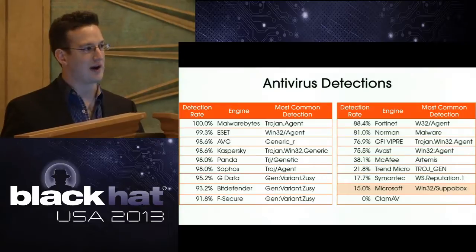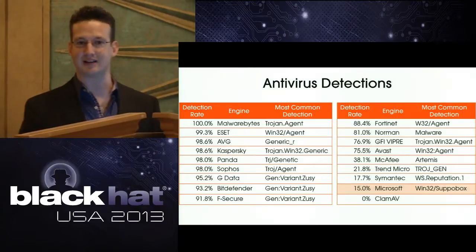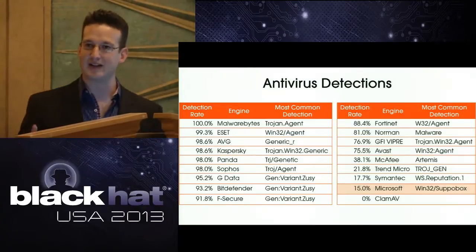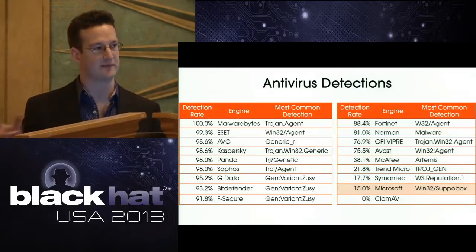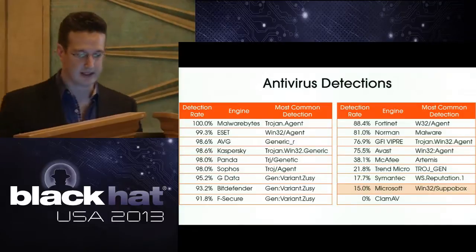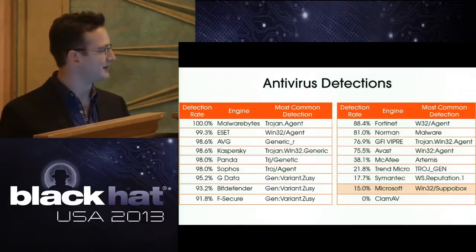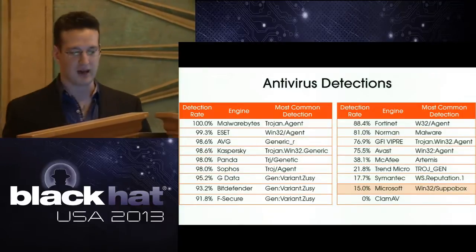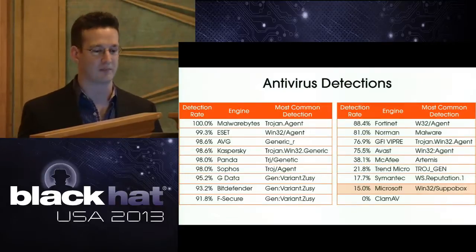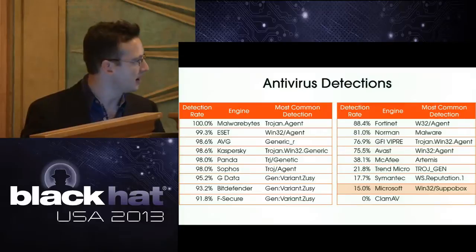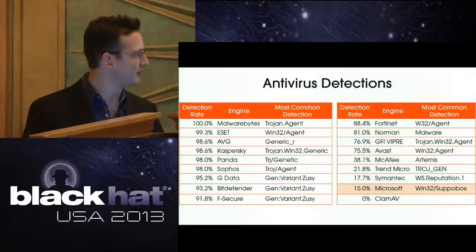There are actually no variants that Microsoft detected that were detected as anything else. So Microsoft did spot this and did create a new unique family name for this malware family. This Suppobox signature was released by Microsoft on April 6th, 2013, 2 months after the malware began circulating. And no big surprise for anyone here, I'm sure, ClamAV didn't detect anything.